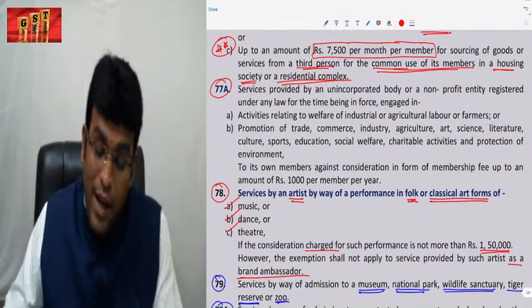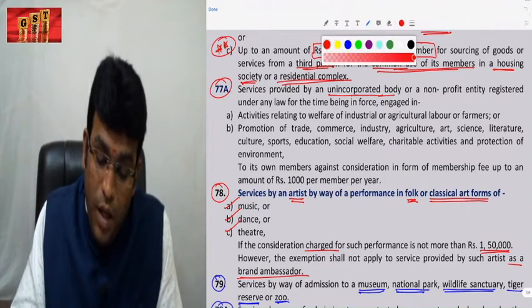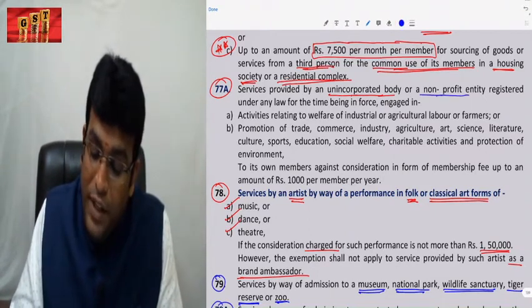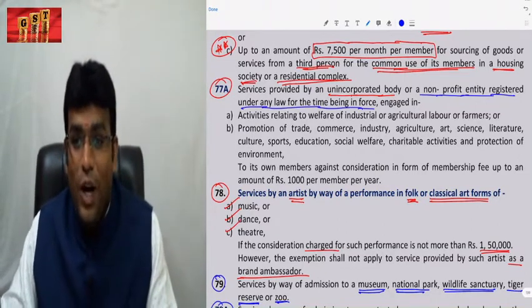77A, my dear friends. Service provided by an unincorporated body or a non-profit entity registered under any law for the time being in force, engaged in what?